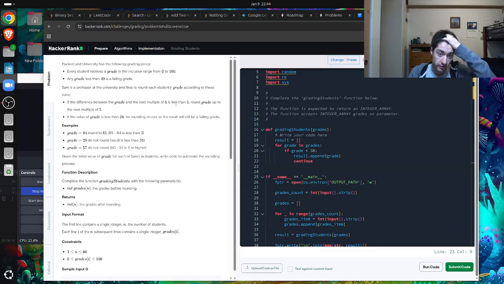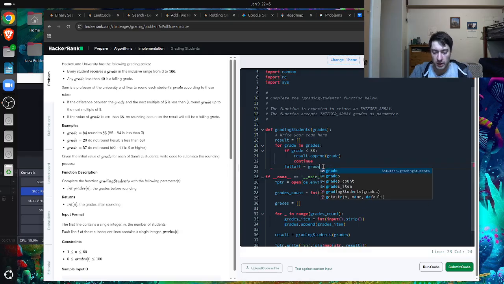So this indicates we're going to do something with a modulo, right? I don't know exactly what I'm going to say, but something like rounding. Let's see. Fall off is equal to grade modulo 5. And let's just walk through in our heads what this might mean.